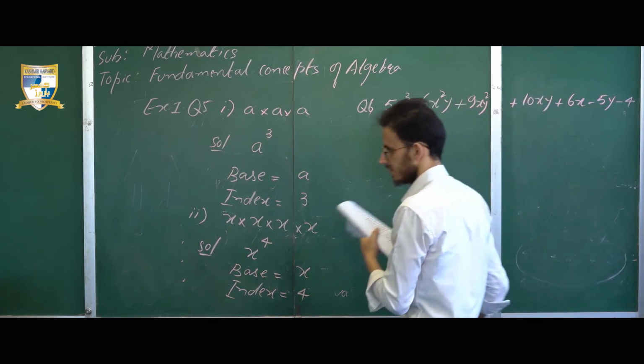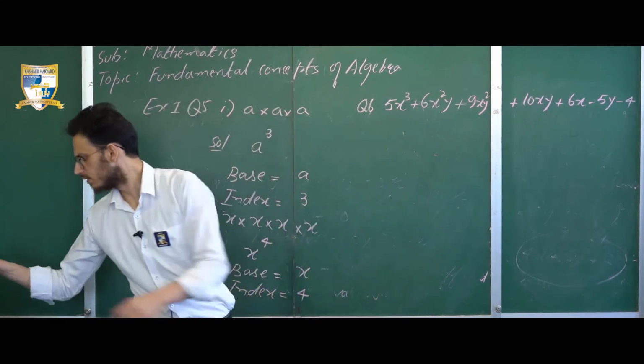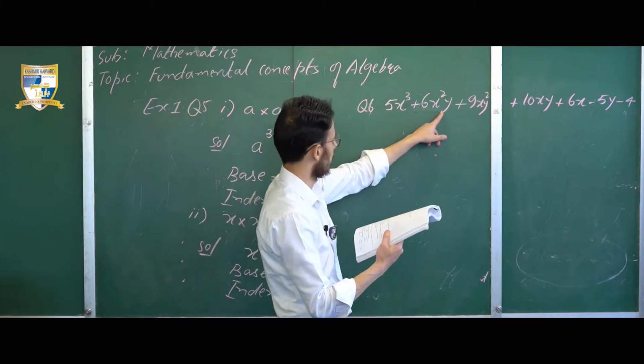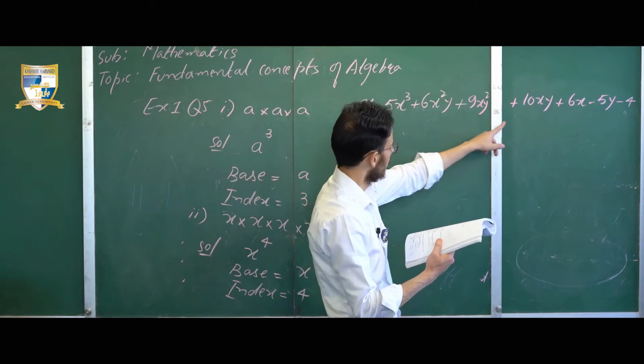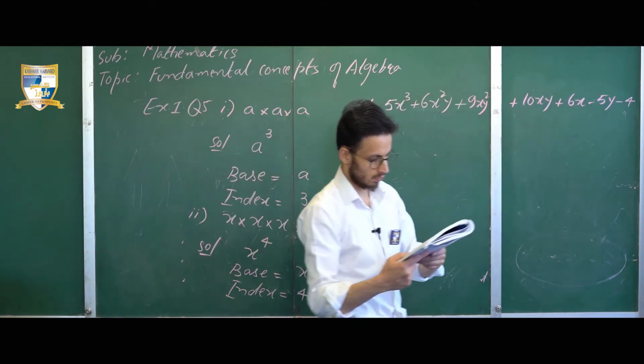Now we have the algebraic expression here. I will recheck it once again: 5x cube plus 6x square y plus 9xy square plus 10xy plus 6x minus 5y minus 4.